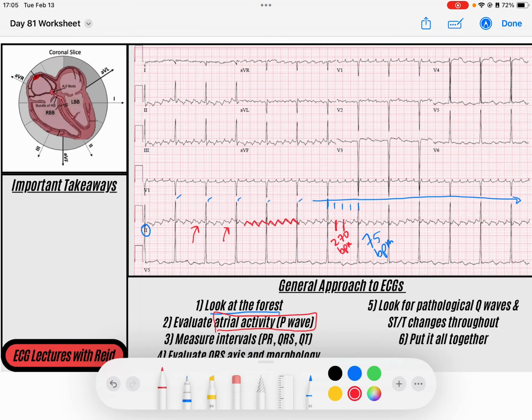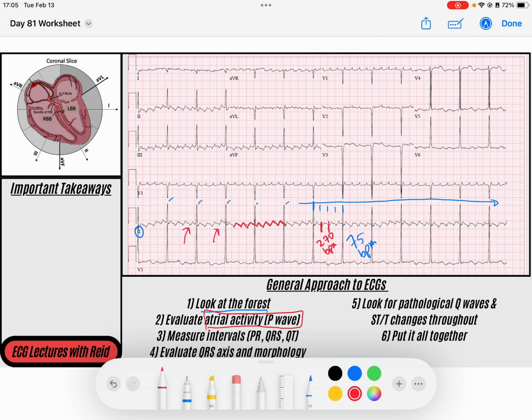And so we know that atrial flutter is defined by an atrial rate somewhere around 250 to 300 beats per minute. And it's a very predictable reentry circuit within the atria, most commonly in the tricuspid annulus. So this would qualify very well for atrial flutter.